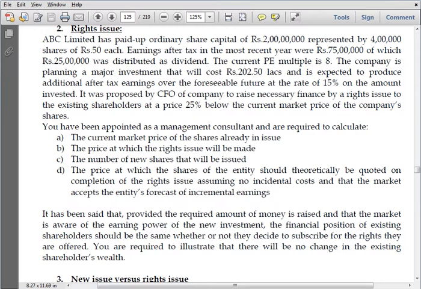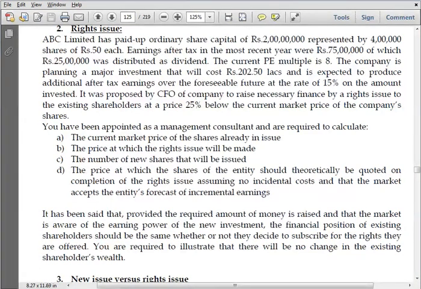Next, NPV of the project equals present value of inflow minus present value of outflow. Whatever you have learned there, present value of inflow minus present value of outflow.